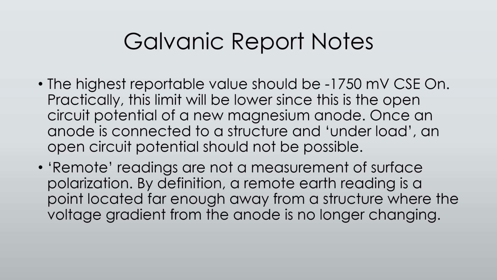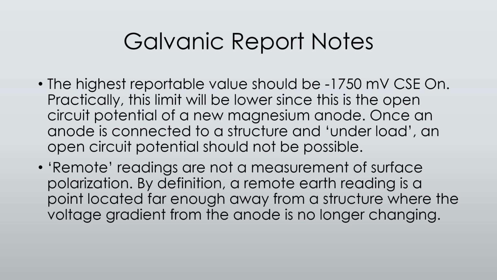So if you're seeing a value of 2 volts negative on for a galvanic system, you might want to start questioning stuff, saying, how did you get that number? And are you sure you had good continuity? Are you sure the anode is connected? You could be just testing an open circuit anode voltage that's not connected to a structure.